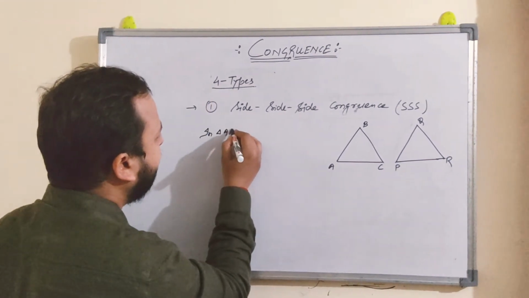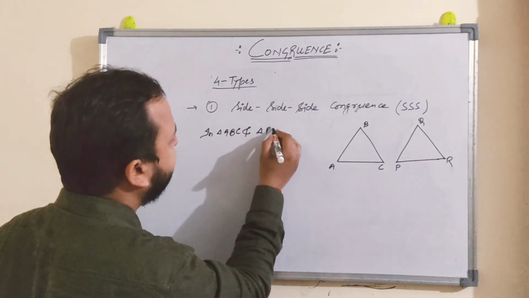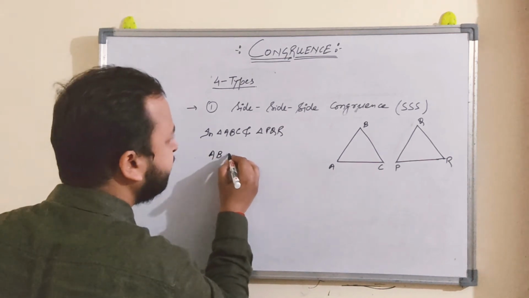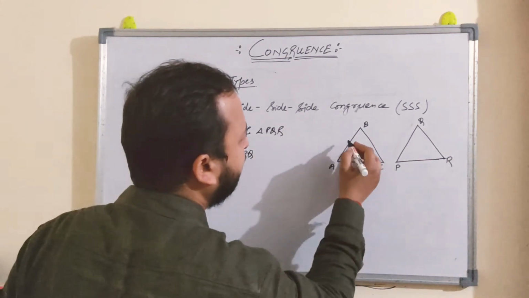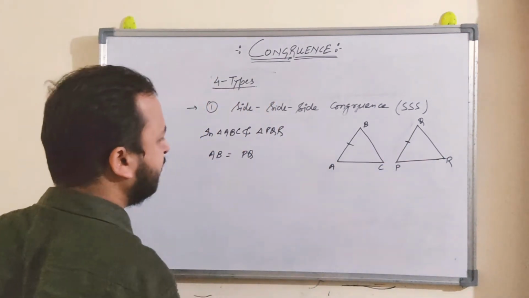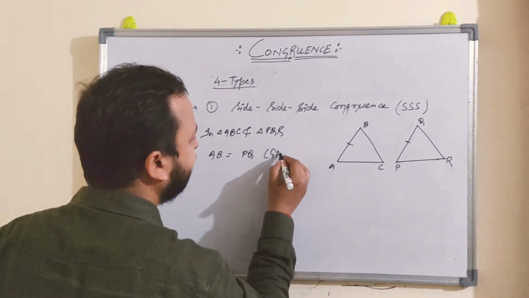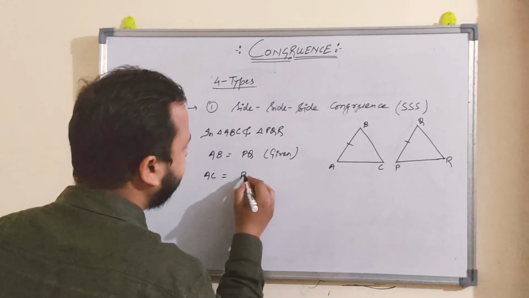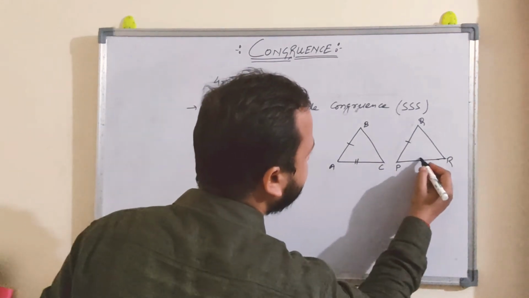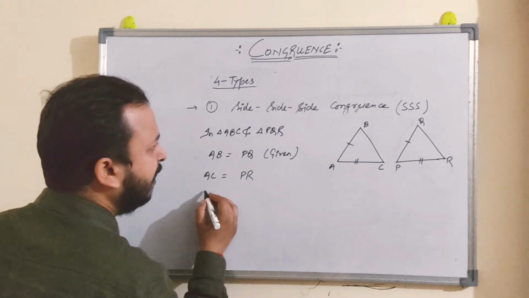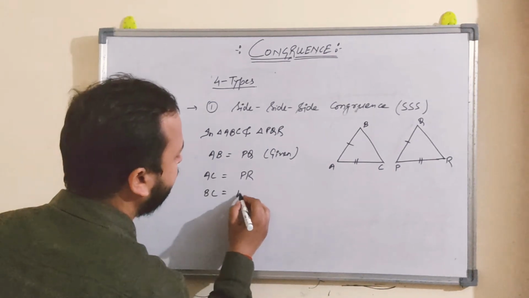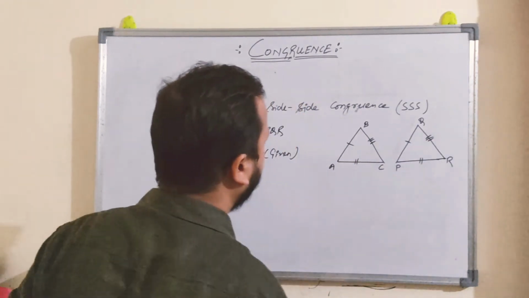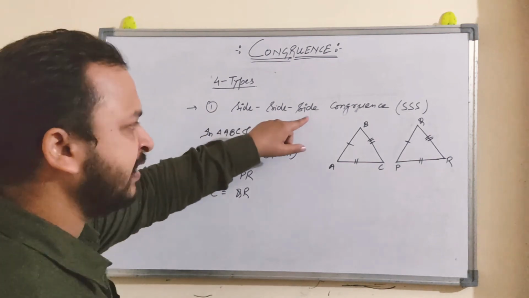In triangle ABC and triangle PQR, if AB is equal to PQ, this side is equal to this side, suppose it is given, and AC is equal to PR, and BC is equal to QR, right?